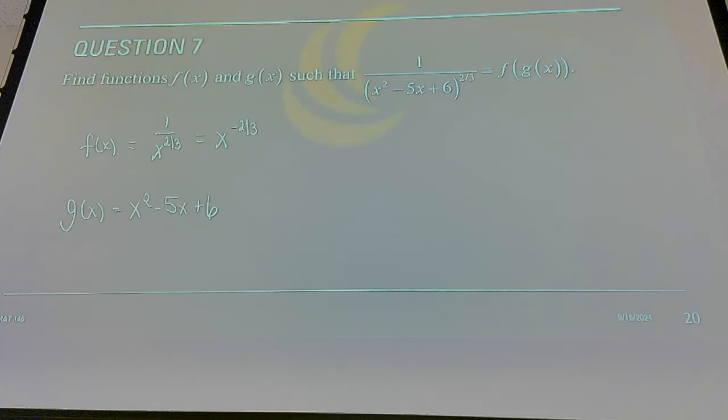Also, the addition, subtraction, multiplication, division will also be important. Being able to recognize when you have a sum of functions, when you have a difference, a product, and a quotient. And being able to interpret what f is and what g is. Not necessarily combining like what we were doing, but recognizing what they would be.